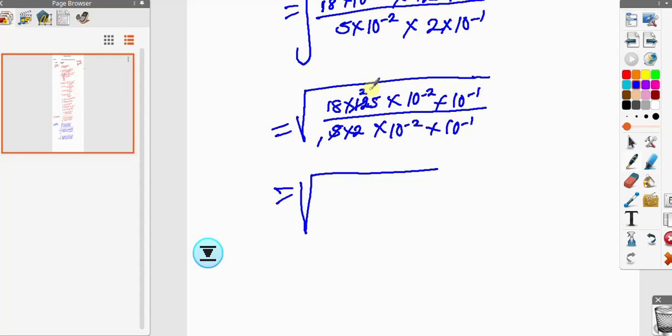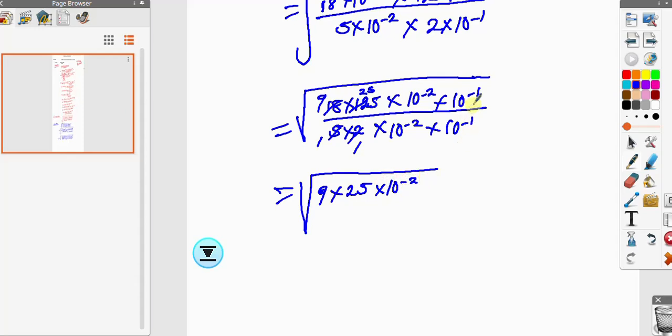Here will be 25 times, right? So 2 can go here 1, 2 can go here, that is 9, right? So from here now we have 9 multiplied by 25 times 10 raised to power minus 2.